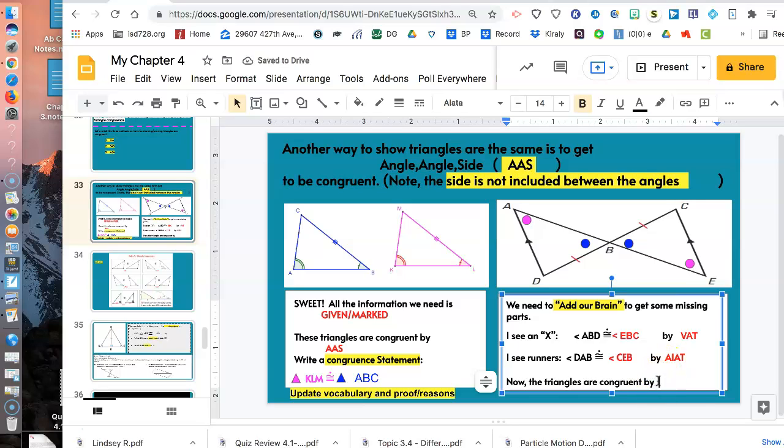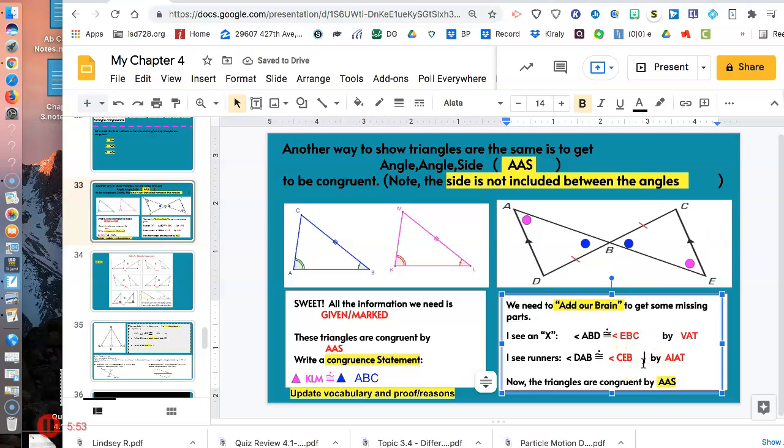Now the triangles are congruent by our new guy, angle, angle, side. Let's highlight that.